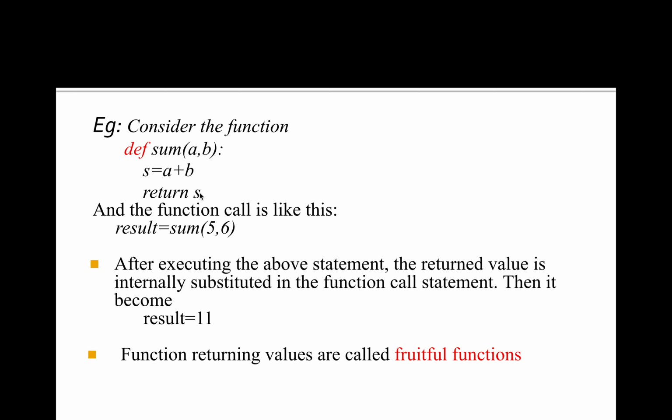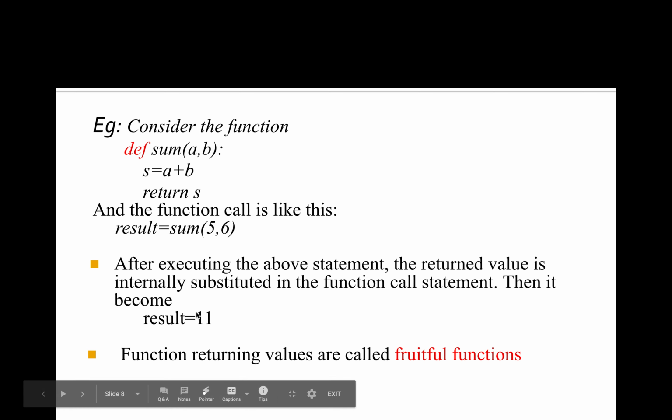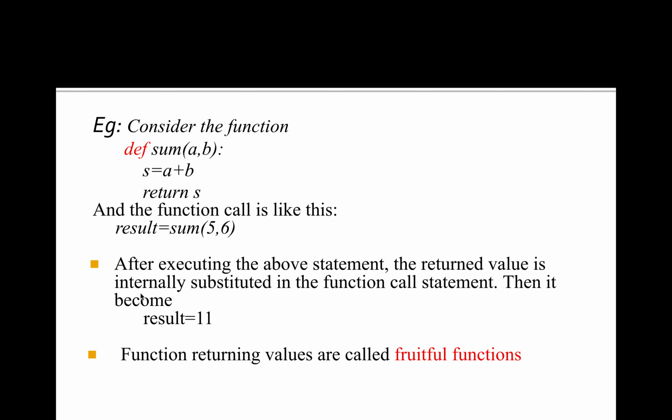Whenever it sees the return statement, the value is internally substituted in the function call. So instead of sum(5, 6), the value returned from here is substituted. So result = 11. That value is assigned to the variable called result. This is how a function with a return statement works.